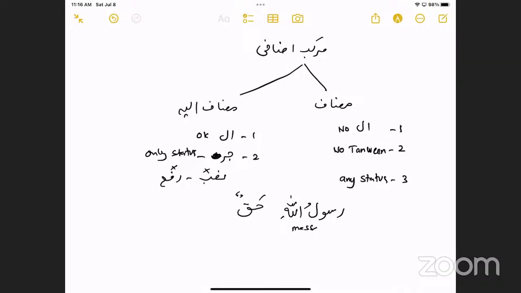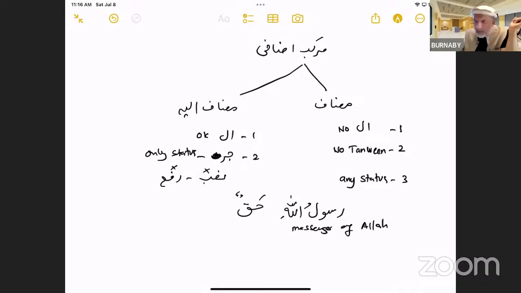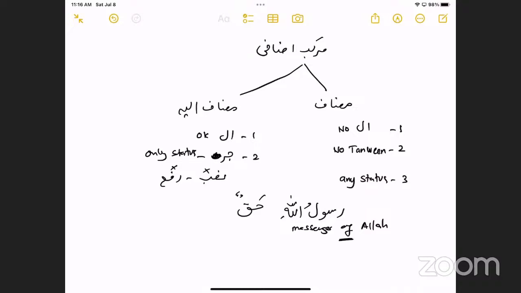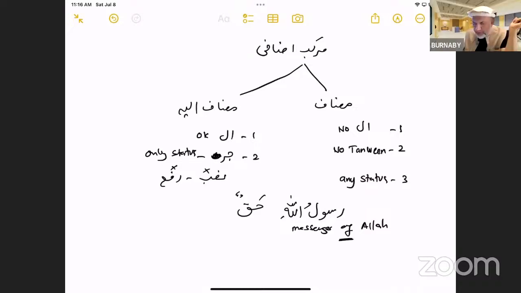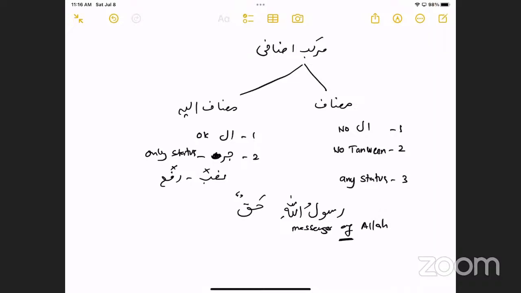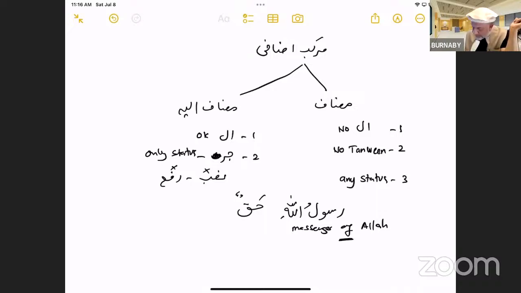Messenger of Allah. So the easy thing is, the moment I see of, does it give me a mudaf, mudaf ilayh idea? So who's my mudaf? Rasul is mudaf, because in the murakkab izafi the mudaf comes first, right? And Allah is mudaf ilayh.